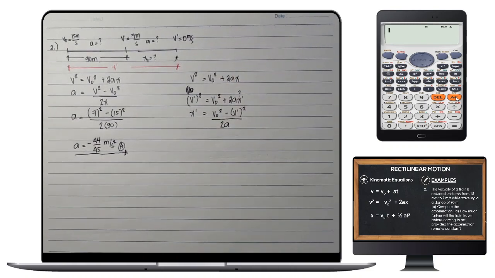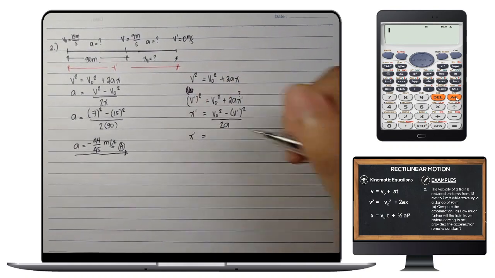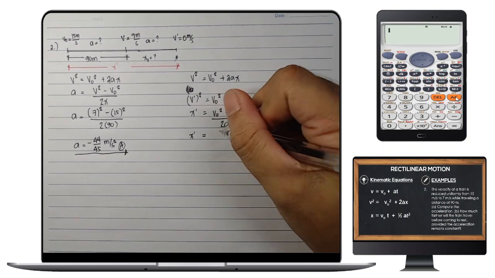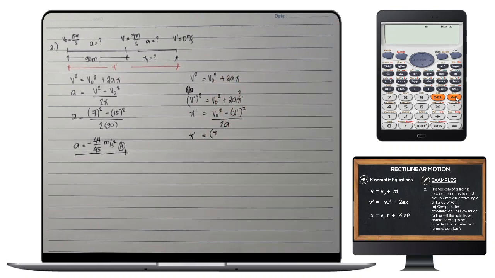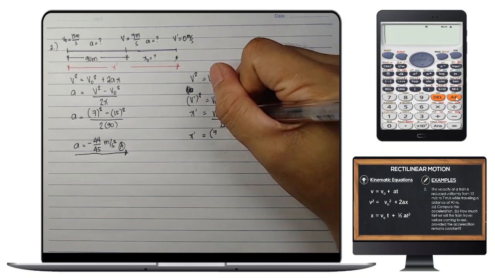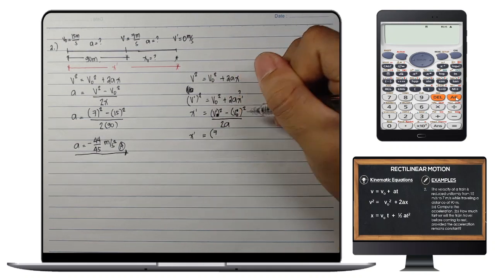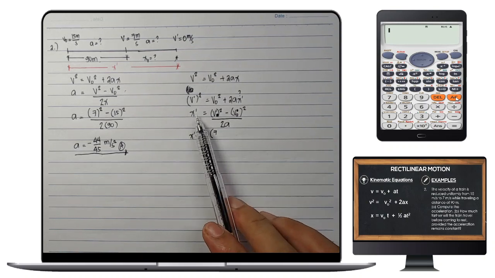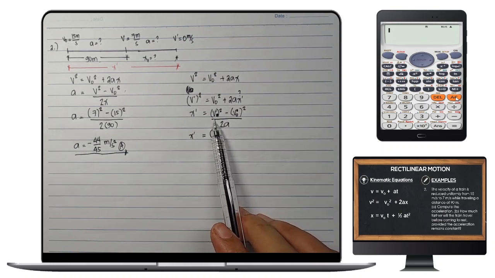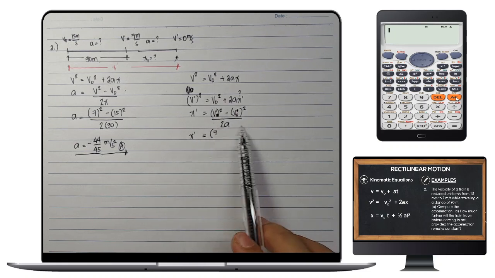Sorry, this should be V prime square minus VO square. So, same formula with this one. So, x prime rather should be V prime square minus VO square divided by 2A.